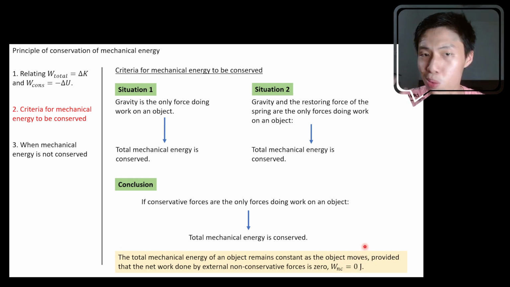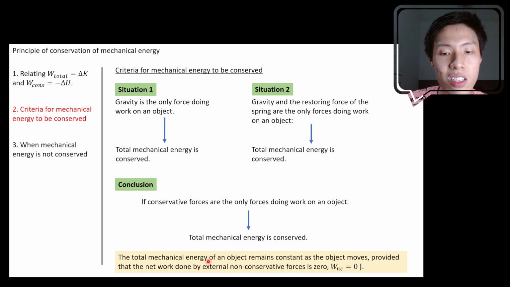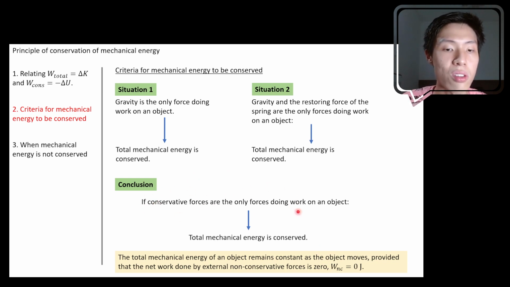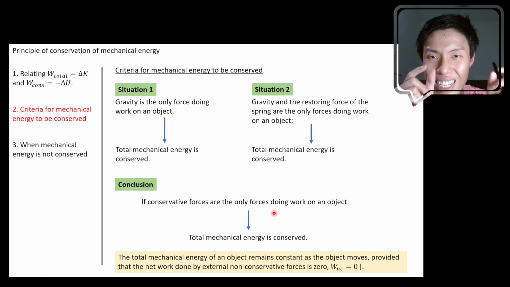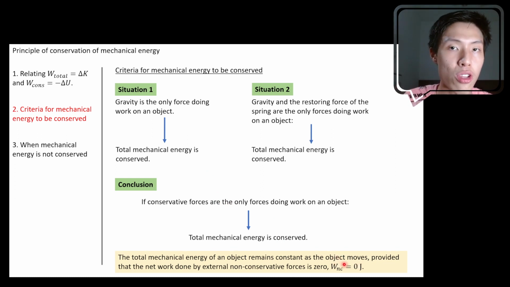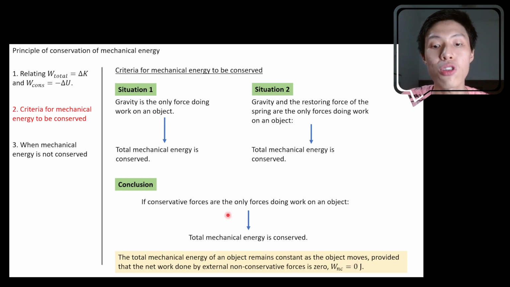Well, it's actually almost a similar thing, right? If you want your non-conservative force to do no work, that means you can only have conservative force doing work on an object. So these two have similar meaning, slightly different, but they share a similar idea that if you have 0 work done by non-conservative force, then your total mechanical energy is conserved.